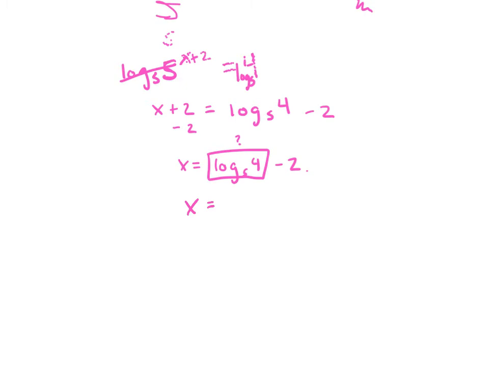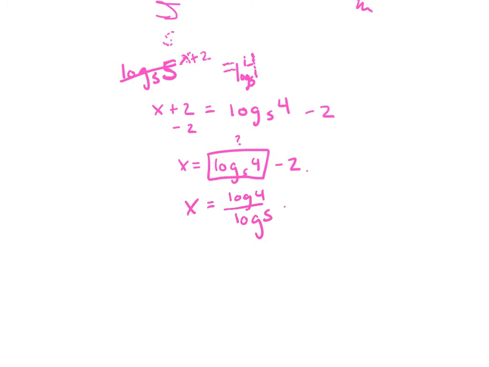Remember what our change of base formula is? Log 4 over log 5. So that's if you can't change the base in your calculator. I know some calculators you can and make it log base 5 of 4, but some calculators don't let you, so you would just have to do log of 4 divided by log of 5 minus 2.